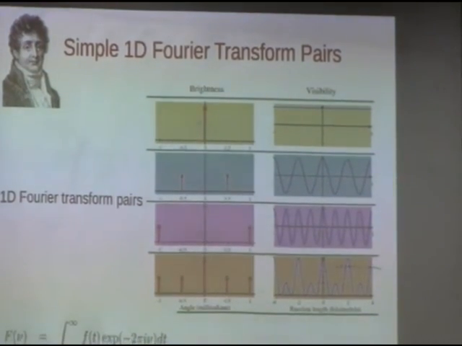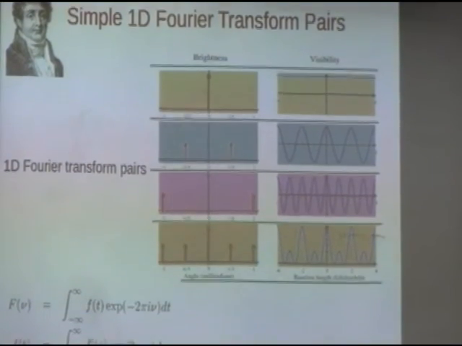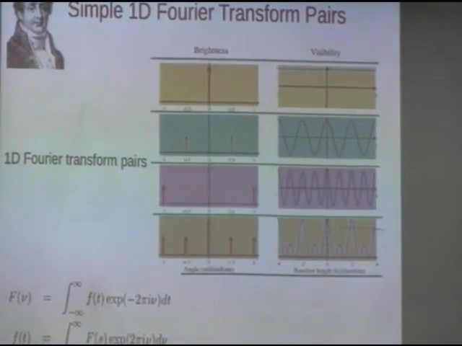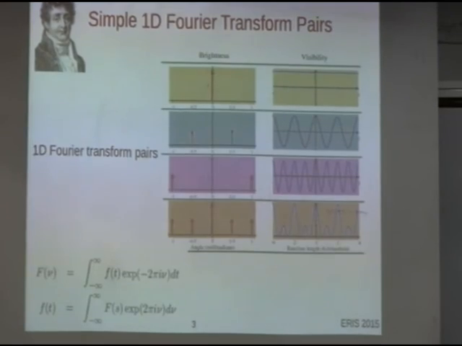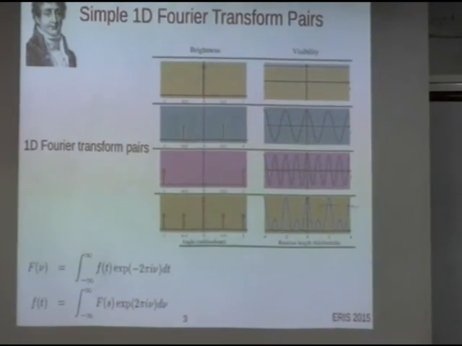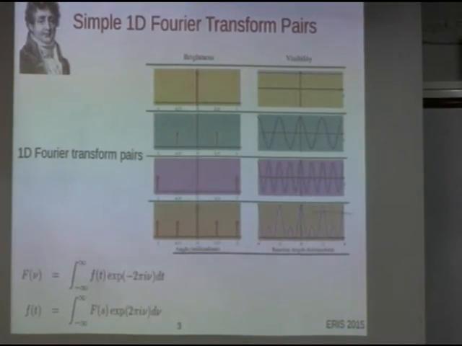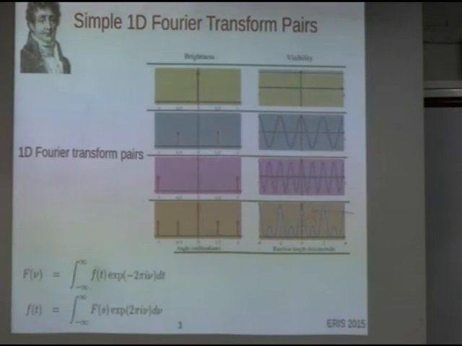Sorry to interrupt. Just technicalities. Aren't there some variables missing from those transforms? Is there a T missing?